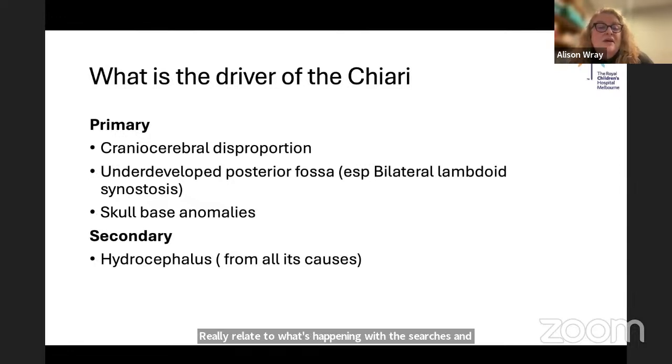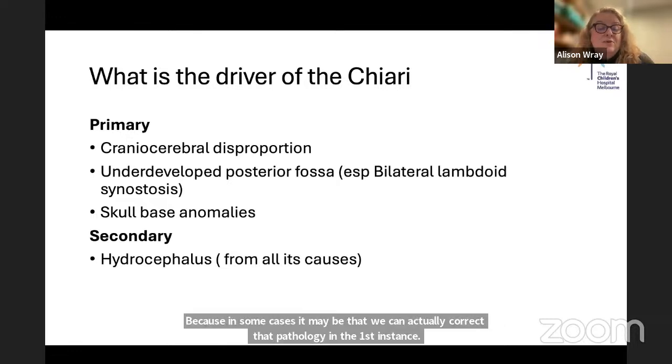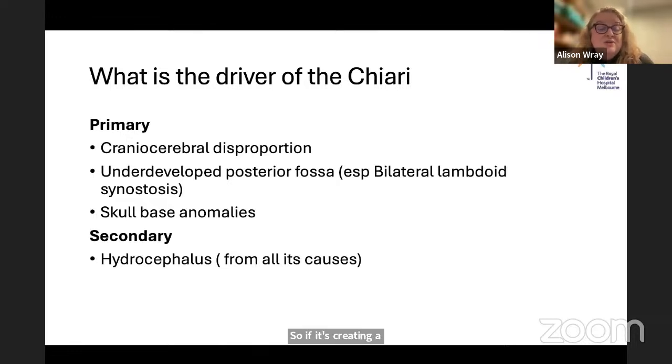And so it's important to think about what is the driver of the Chiari and what is the pathology that is driving it. Because in some cases, it may be that we can actually correct that pathology in the first instance. So if it's craniocerebral disproportion, if the skull is just too small for the brain contents because all of the sutures are fused, then an operation that is directed at increasing the volume of the skull is our logical first step.